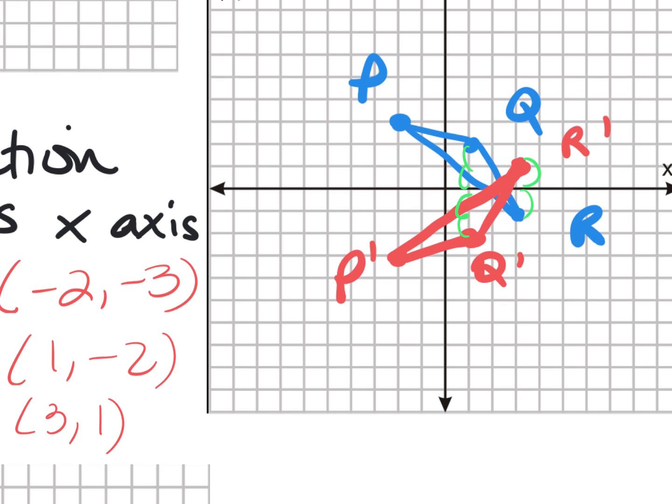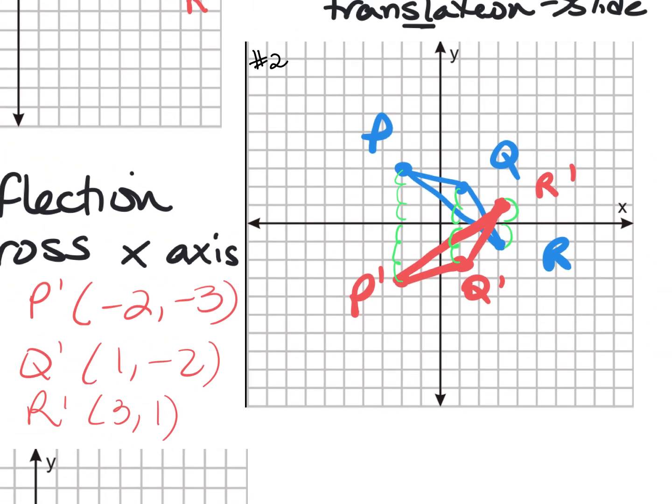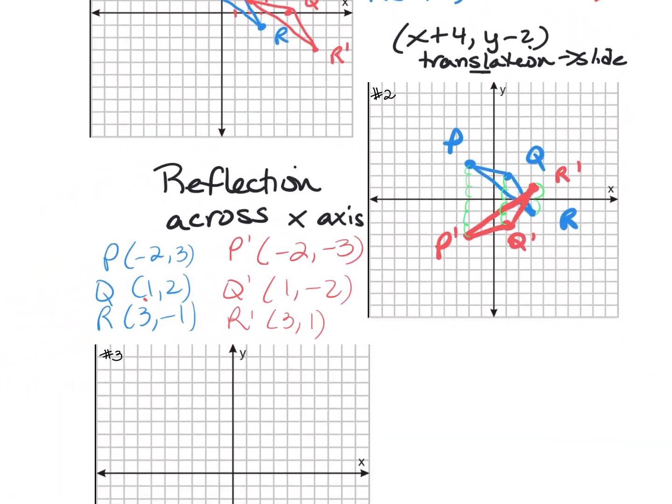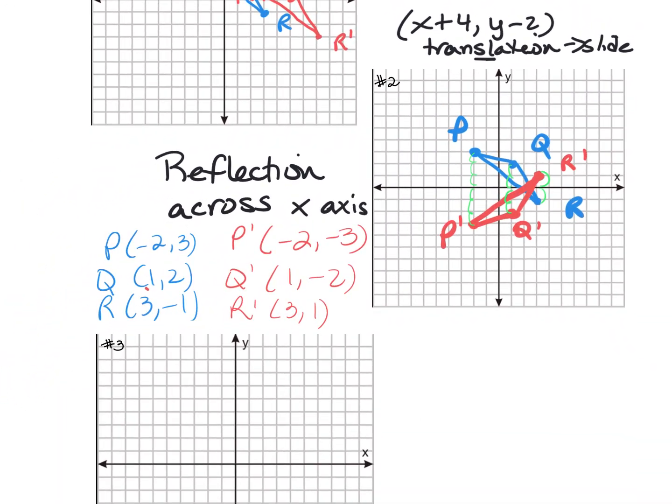And then over here, the P is 1, 2, 3 spaces away above it, and then 3 spaces away below it. So this is a way that you can check to see that it was reflected appropriately across the x-axis. But again, it's a lot easier to memorize the pattern.